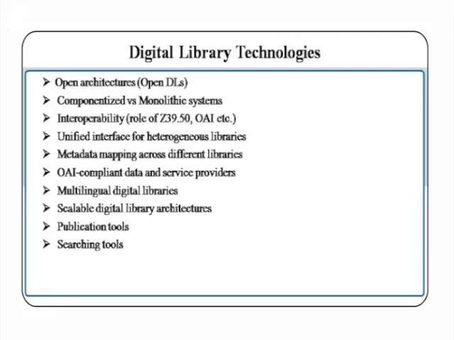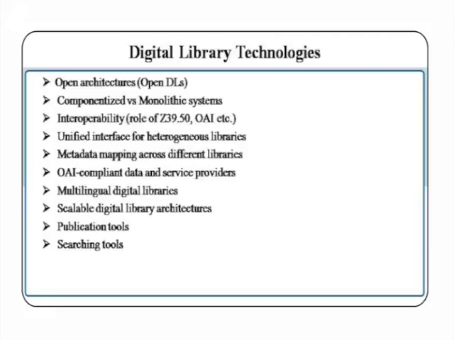So open architecture, which generally gives birth to the open digital library softwares, and the componentized or monolithic system, whether you are to put it as a single object and it has to be managed in a system, or distributed object, this also is to be addressed by the technology used for creating digital libraries.